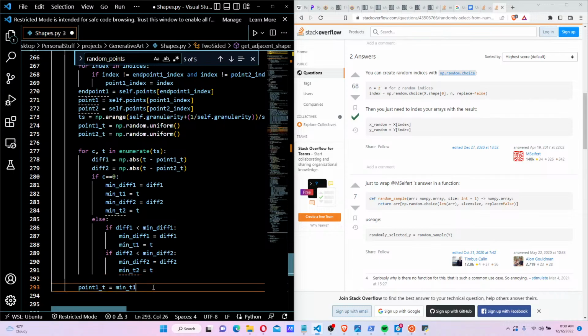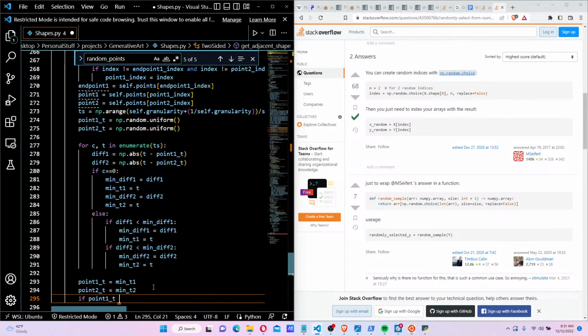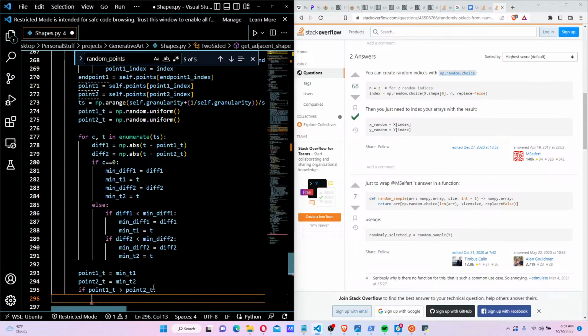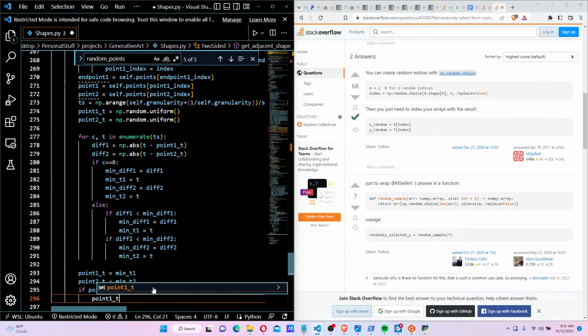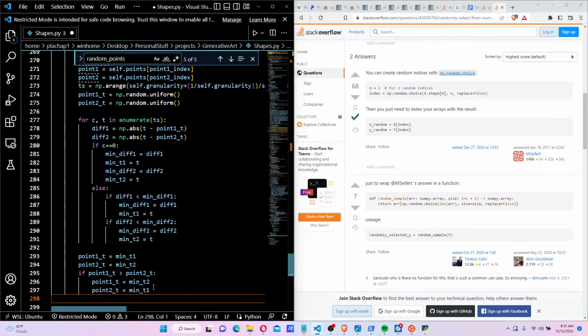Okay. And then 0.2t is equal to min t2. Now, if 0.1t is greater than 0.2t, then 0.1t is equal to min t2, and 0.2t is equal to min t1.